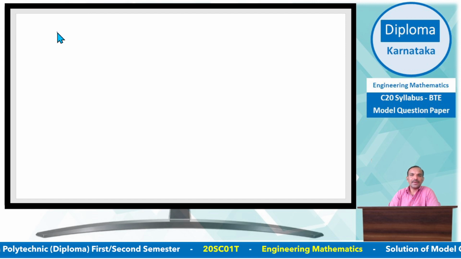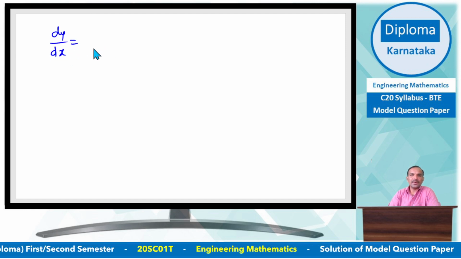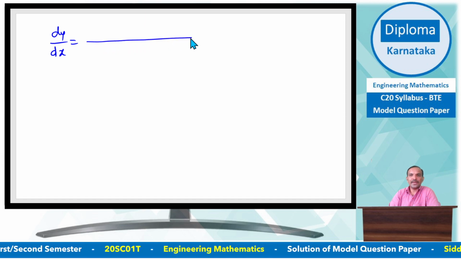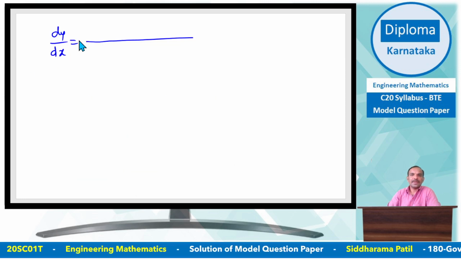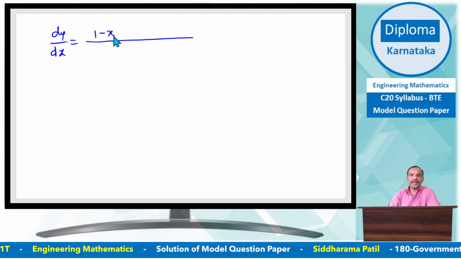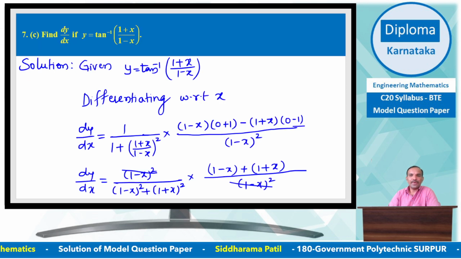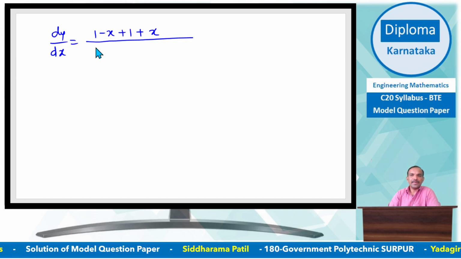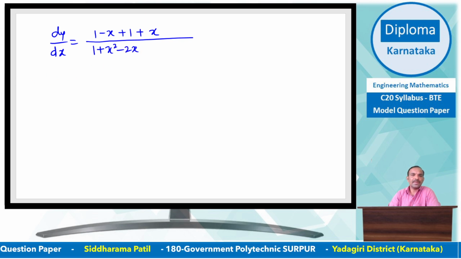So dy by dx is equal to (1 minus x) plus (1 plus x) divided by (1 minus x) whole square. Using (a minus b) whole square is a square plus b square minus 2ab, that is x square minus 2x.